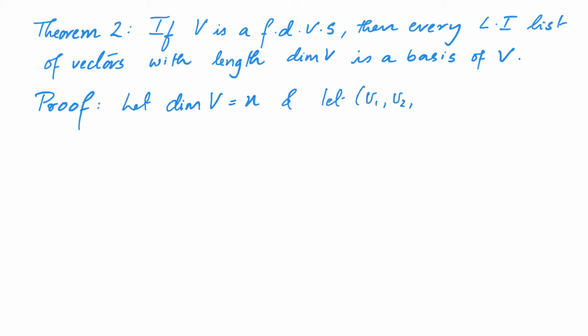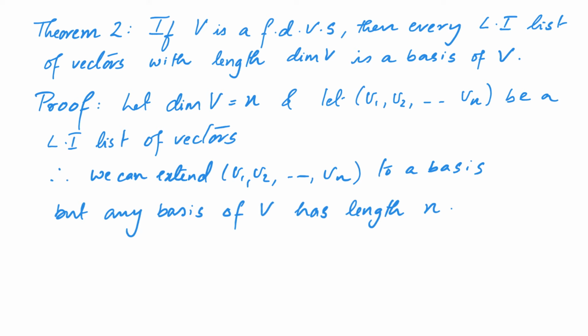Therefore, the only extension possible is v1 to vn itself, because you cannot add any more vectors. If you add any other vector, then the length would be more than n. So you cannot add any more vectors. So these two conditions together imply that v1, v2, etc. up to vn is a basis.